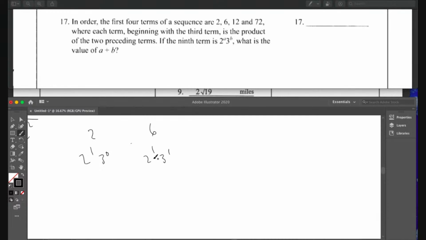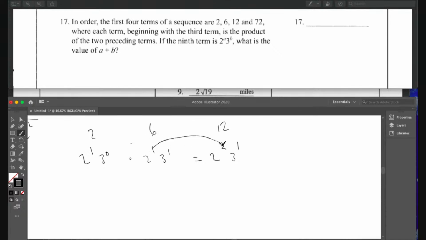And then you can see that whenever you multiply these two numbers together, you're going to be adding their powers of 2's and their powers of 3's respectively, right? So our next number is going to have 1 plus 1 factors of 2, which is going to be 2. And then the next number is also going to have 0 plus 1 factors of 3, so it's going to have 1 factor of 3. And then you can see that's going to multiply to just 12, right? And then you're going to keep on doing this, right?